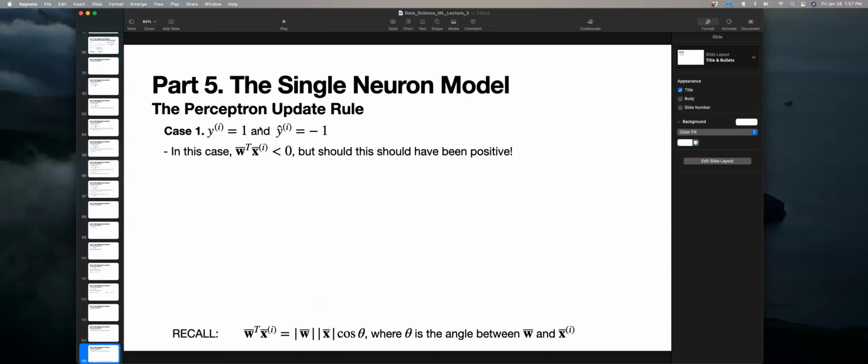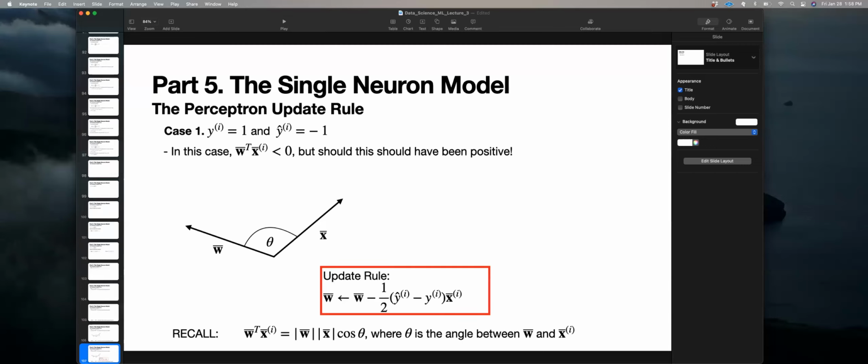The only possible thing that could make this dot product less than 0 is cosine of theta, which means that if this dot product is less than 0, then I know that the angle between them is greater than 90 degrees. Okay, so if we're currently at the feature vector i and we predict a -1, that means the dot product is less than 0, which means if we're looking at these vectors in space, the angle between them is greater than 90.